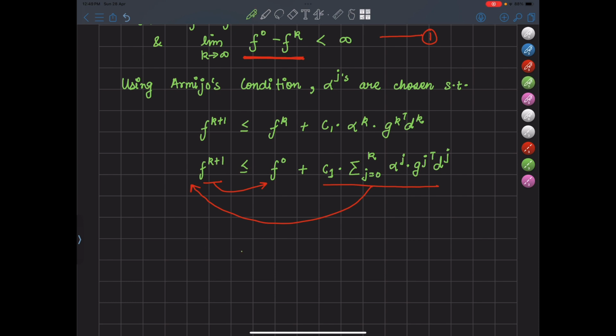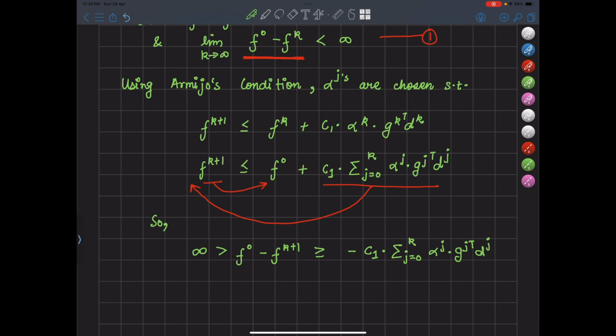We know that f naught minus fk plus 1 is greater than or equal to minus c1 times the sum over j equal to 0 to k of alpha j times gj transpose dj, and we know this is less than infinity for all k, right? Correct.